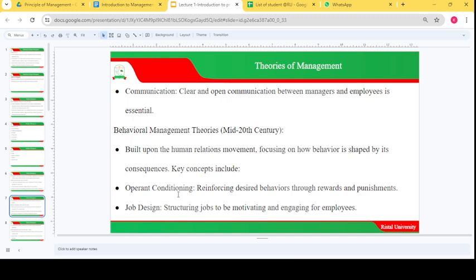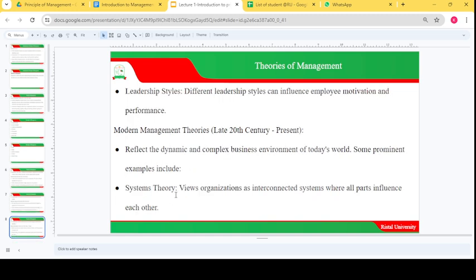We have job design. Here we need to structure the job to motivate and engage, and to make sure that our employees are engaged. And then we have leadership styles. We need different leadership styles which can influence employee motivation and performance.